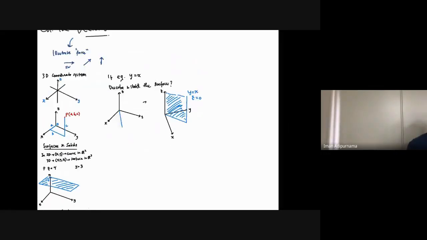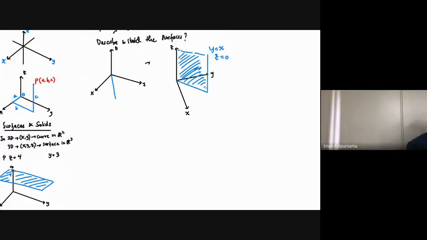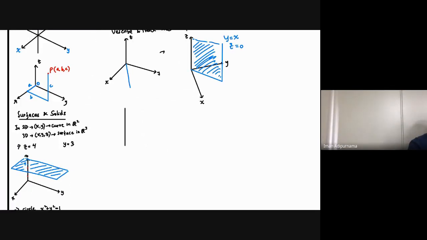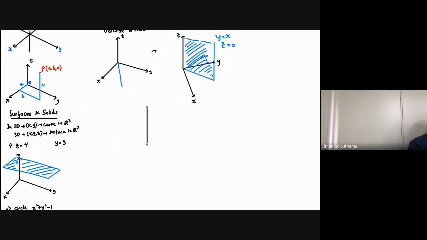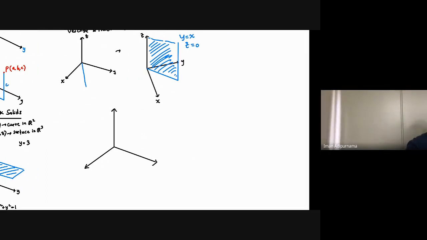Okay. Now, the other thing in this introduction of vectors: if you have two points, for example, P1 and P2.